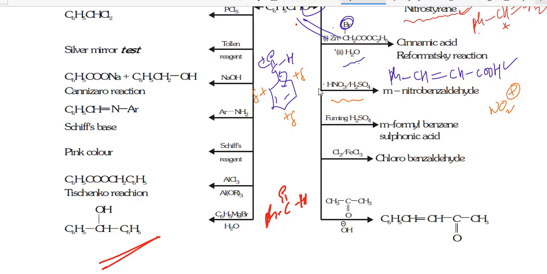Obviously it will attack at the meta position. That's why we are getting meta nitrobenzaldehyde. Similarly, with fuming sulfuric acid, we are getting metaformyl benzene sulfonic acid. If you do chlorination, we are getting metachlorobenzaldehyde.